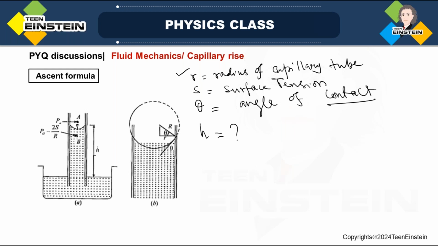Let us say this height from the water surface outside is h. The pressure at B will then be some amount less than the excess pressure. So you know what I'm trying to say.